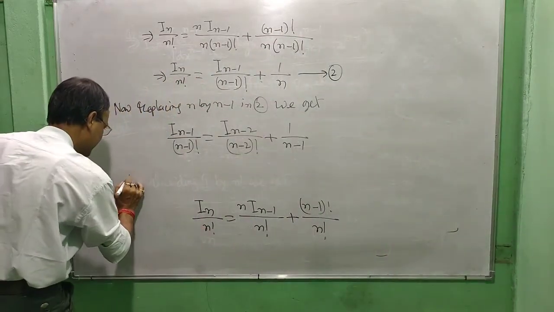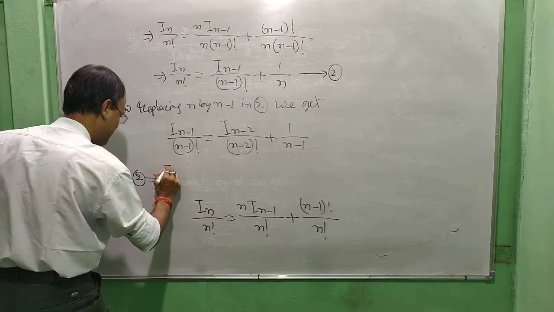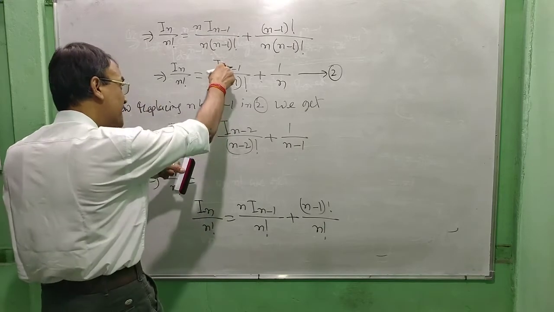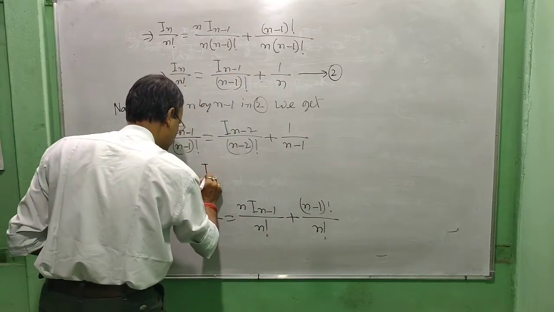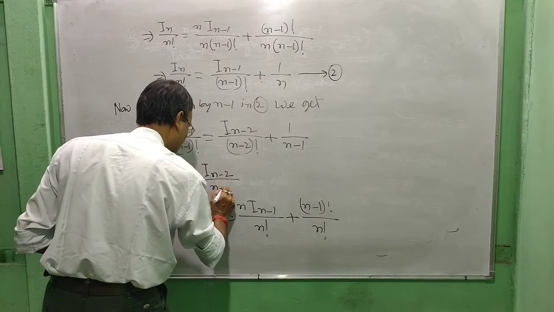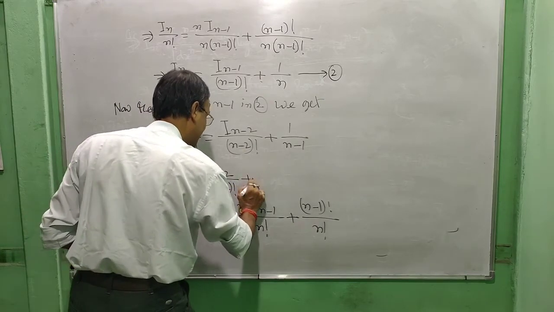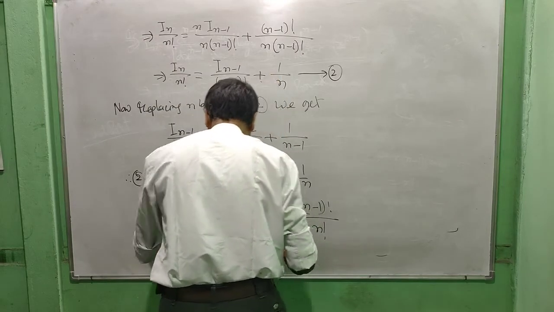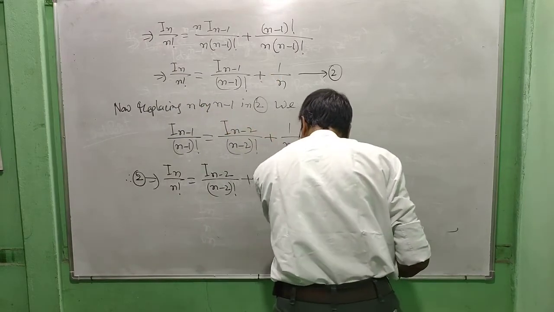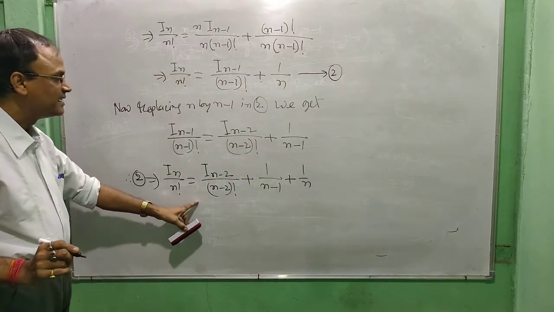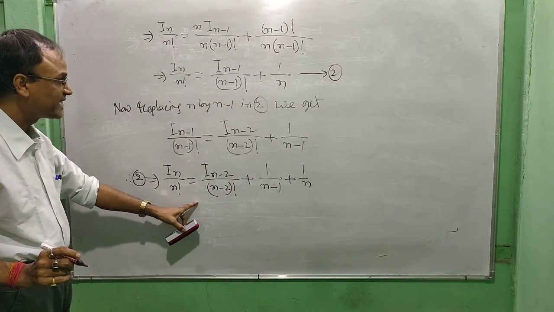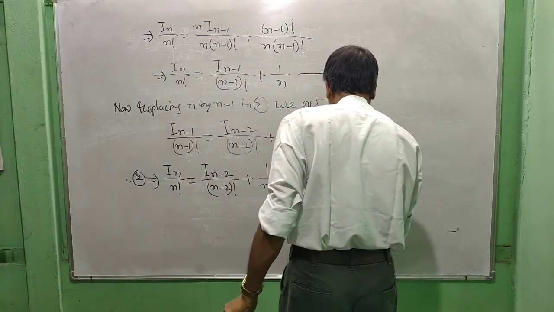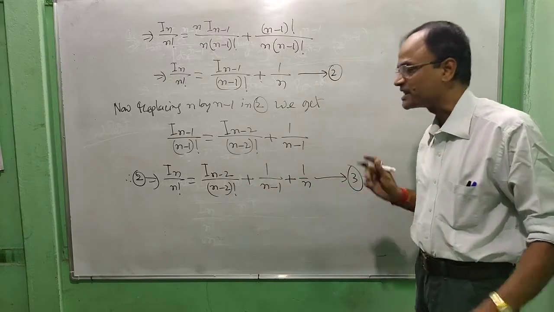Therefore 2 implies I_n by factorial n is equal to, replacing this by this, I_(n minus 2) by factorial n minus 2 plus 1 by n minus 1 plus 1 by n. Right? Suppose this is number 3.